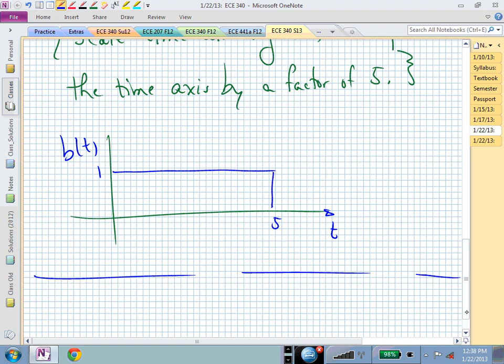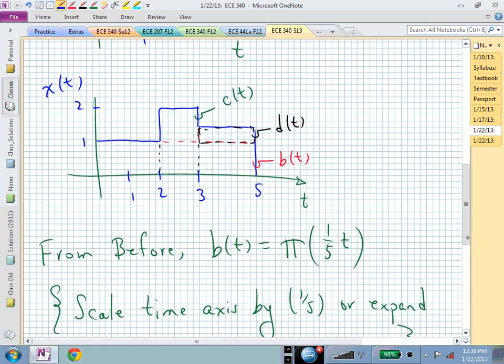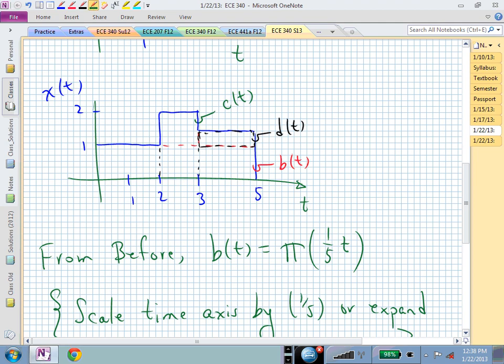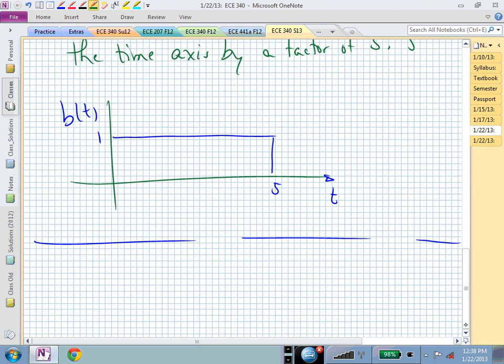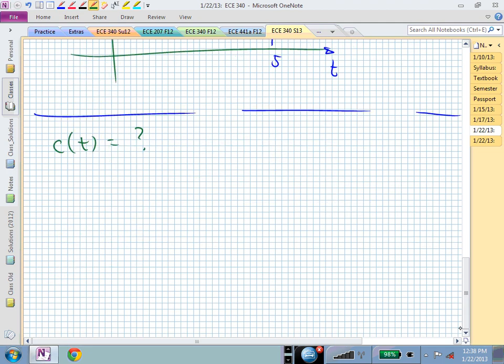How do we model or describe c of t, which is this little piece right here? How is c of t related to our unit pulse?